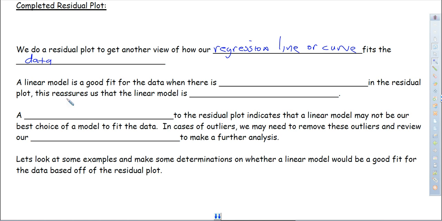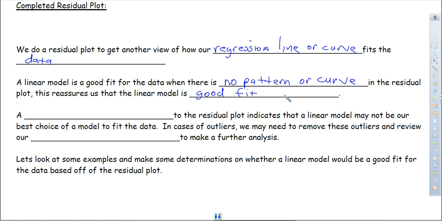So we might say that a linear model, assuming that the line is actually doing a decent job modeling the data, would be maybe a good or a decent fit for the data when there is no distinct pattern or curve or shape in the residual plot. This reassures us that this linear model would be a decent or a good fit.